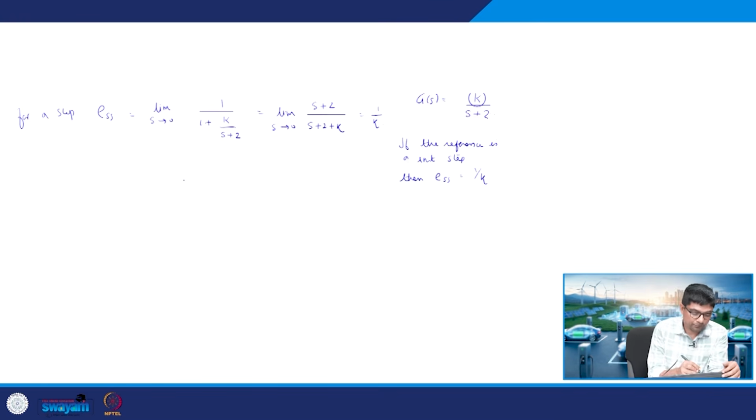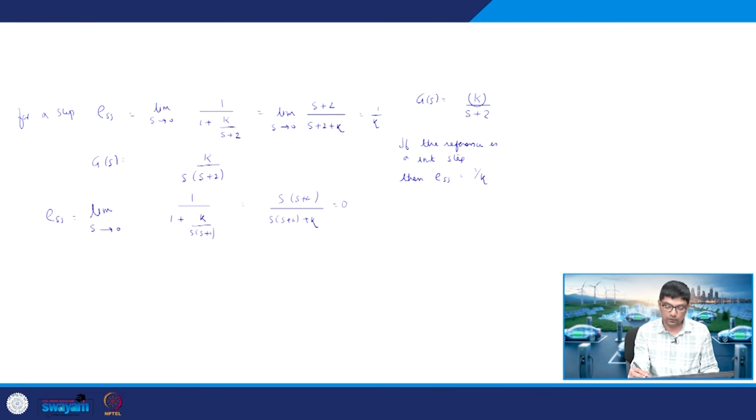Okay, now what if G of s is of the form K over s plus 2? Then the steady state error is limit s tends to 0 of 1 over 1 plus K over s plus 2. So this will be s plus 2 over s plus 2 plus K. This will become 0, right?